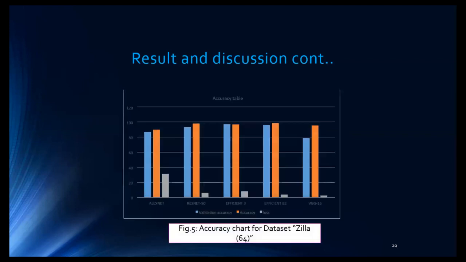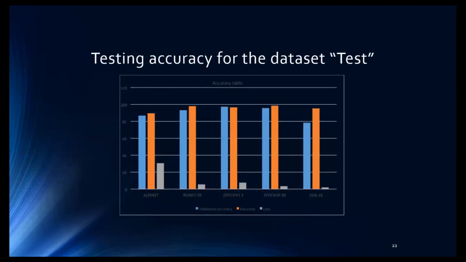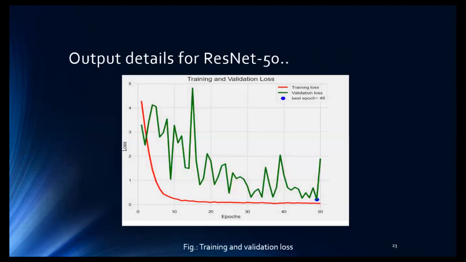And this is another bar chart for the BanglaLekha 64 dataset, and that is the accuracy table. Also you can see ResNet 50 and EfficientNet B2 and B3 are giving good training accuracy and also validation loss. And that is the testing accuracy for dataset test.